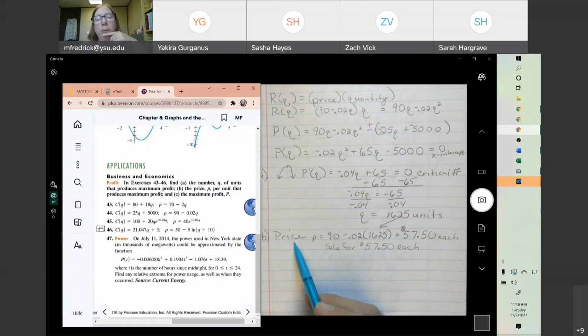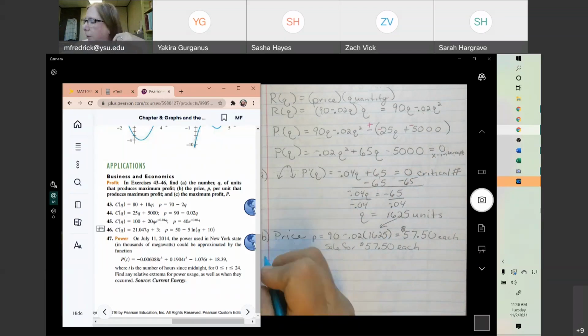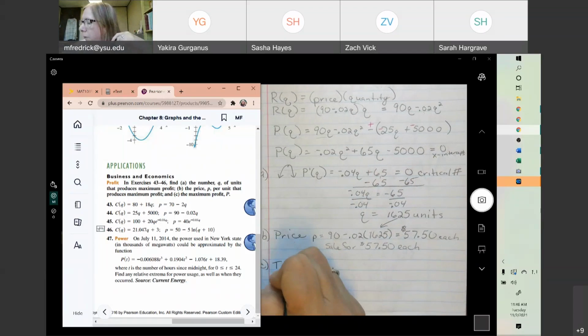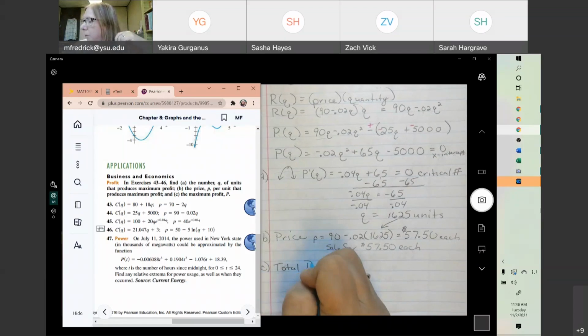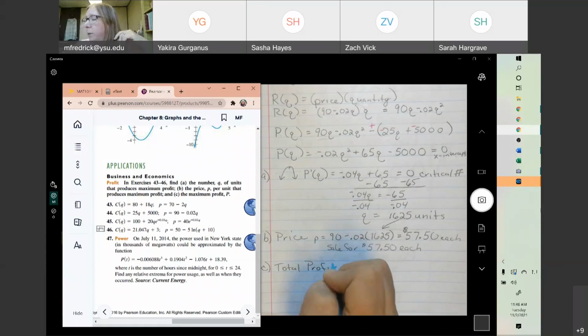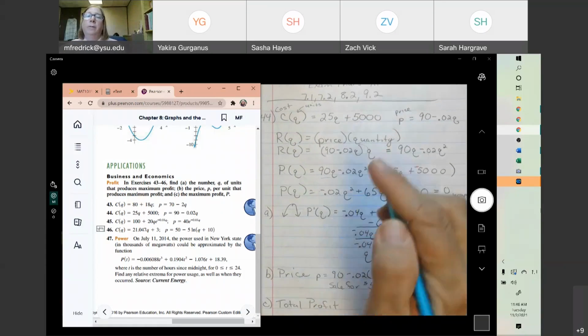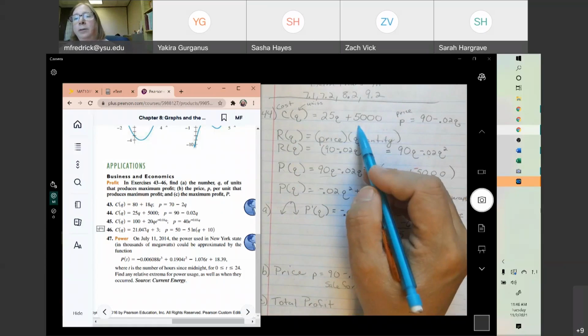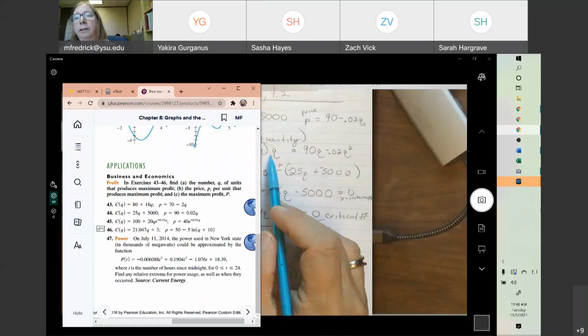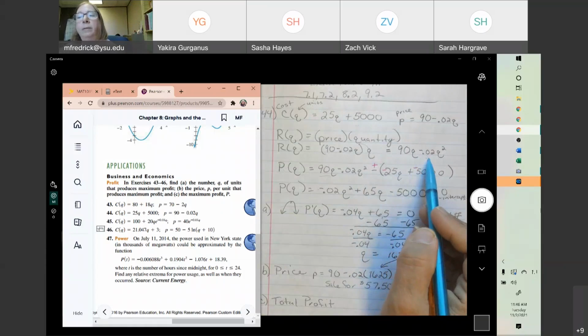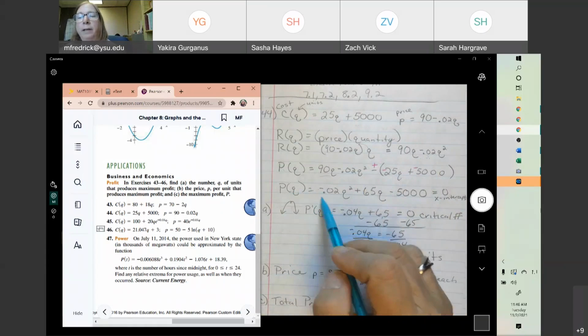So part B wanted the price we would sell them for, and then part C wanted total profit. So it's always good to label your equations. If they want cost, I use this one. If they want revenue, I'd use the simplified one, this one. For profit, I'd use this one.